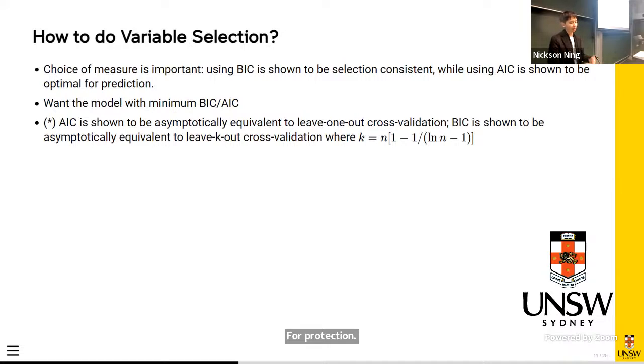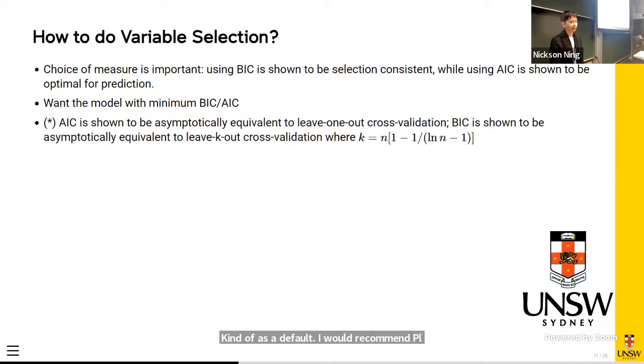Those are actually mutually exclusive things, it turns out, and so there's a lot of debate about which one is better. If you're interested in prediction predominantly, then usually AIC is the better choice. But if you really want to know which variables exactly are important, then as a default I would recommend BIC.